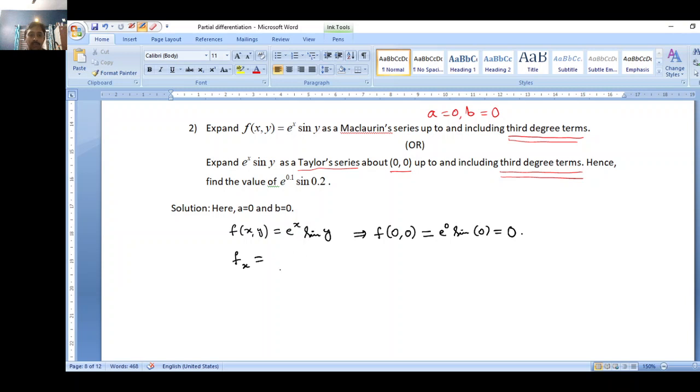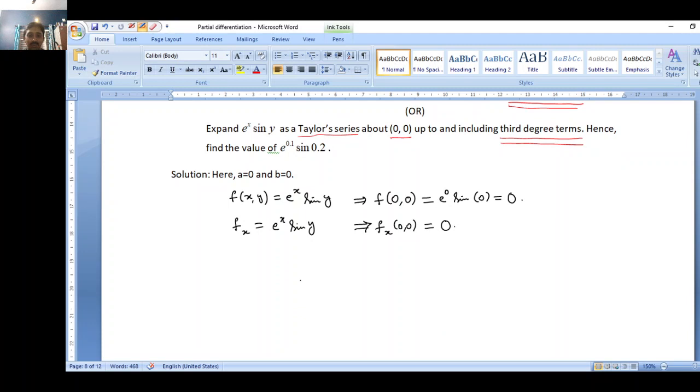Okay. Next is fx. What do you get fx as? Fx is e power x. E power x is going to remain the same, and sin y is going to remain the same because that's going to be a constant when we are differentiating f with respect to x partially. So fx of 0, 0 is again 0. I think I've chosen two wrong questions. Okay, now we'll go for fy. What is fy?